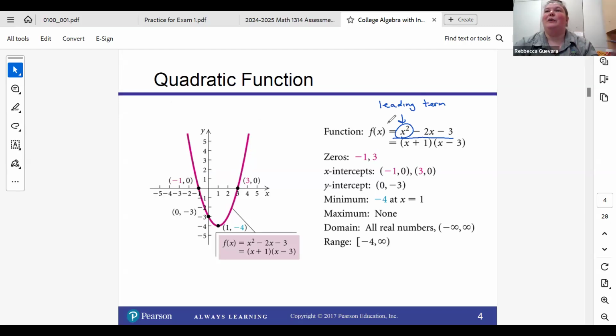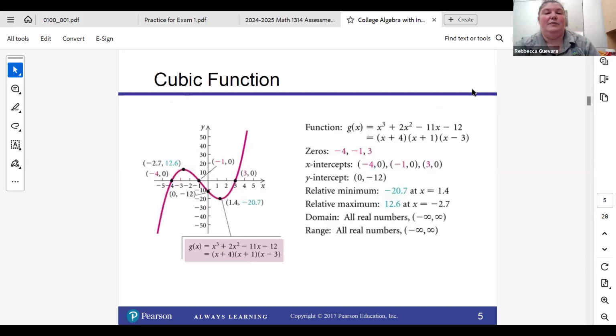So it's following that leading term. Same thing here again. We have a leading term here. Is that x cubed? And we're getting that cubic shape.